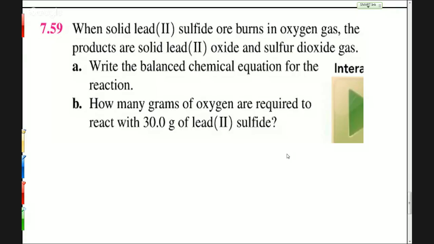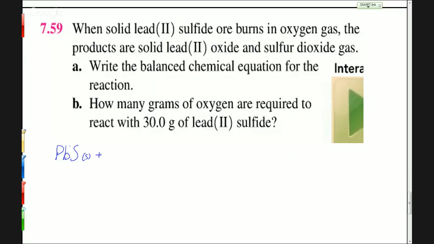All right, we're almost out of time, so I want to at least give you the equation, and then we'll look at the calculations of this next time. So lead 2 sulfide is going to be PbS. That's a solid.